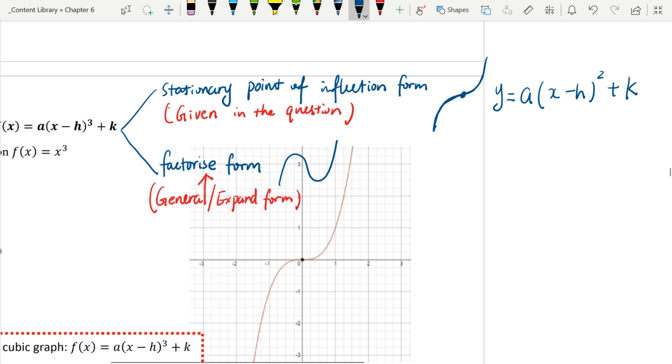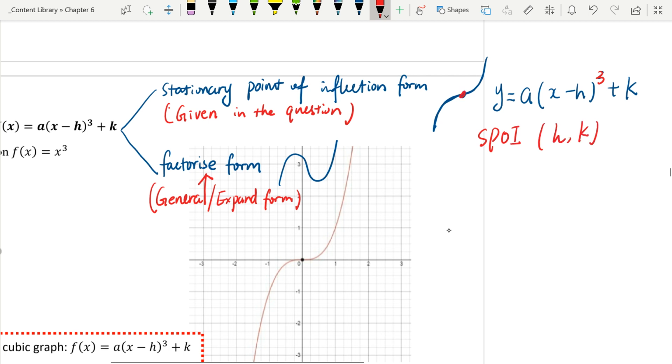So the stationary point of inflection form for cubic is just changing the square into a cubic. That's very easy. And the coordinates of the turning point were (h, k). So the stationary point of inflection is also (h, k).